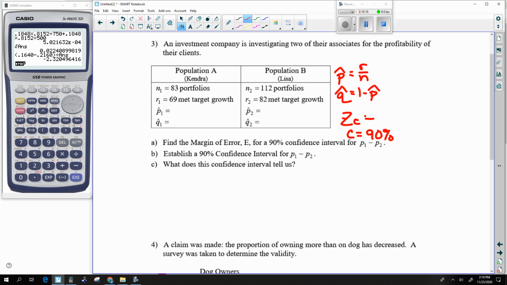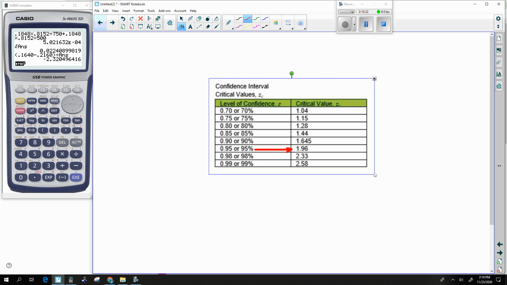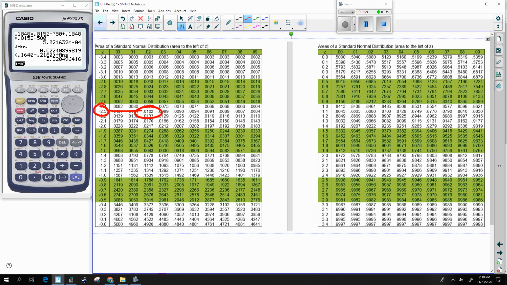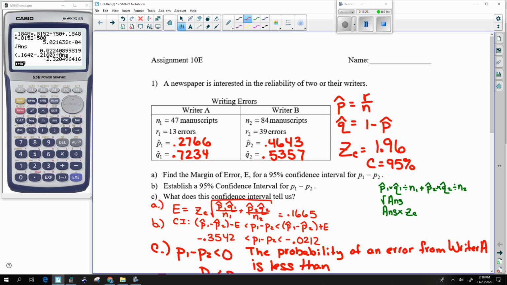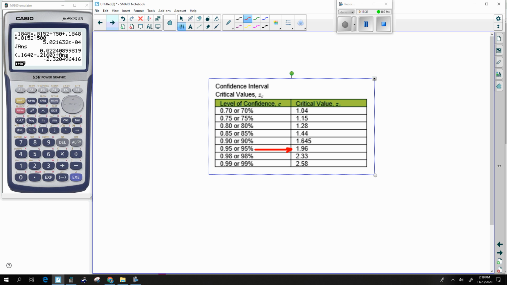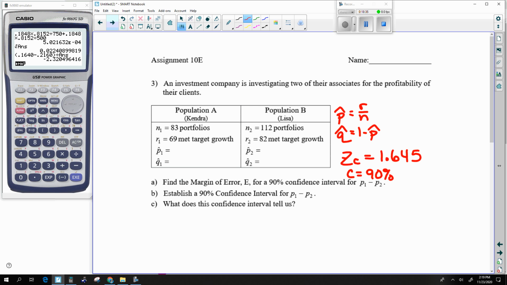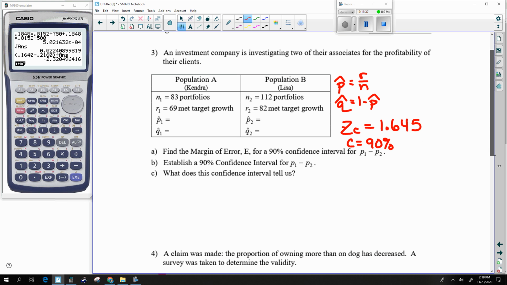So I think that was 1.645, same one used up front. Excuse me, I'm sorry, 90%, yes, 1.645. I just remember it from other problems. All right, 1.645 is a confidence of 90%.